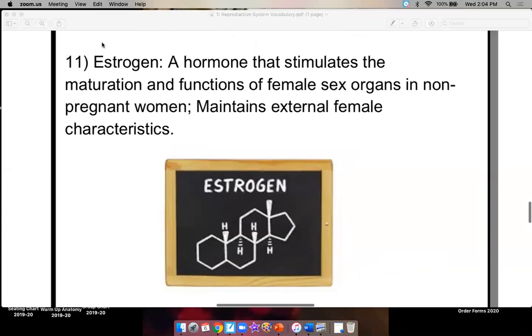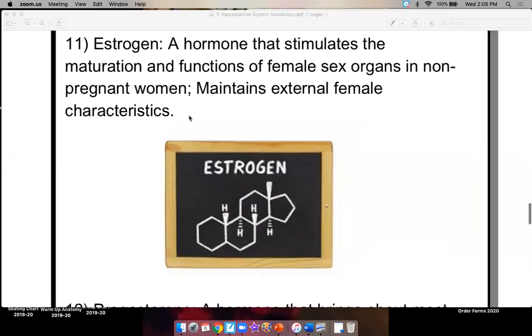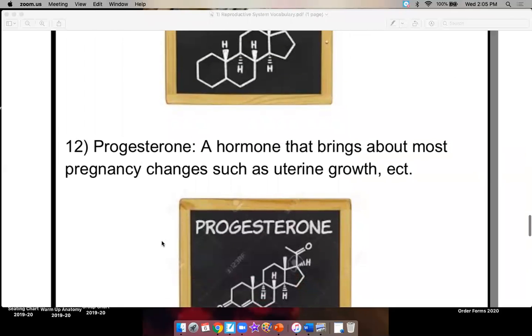Make this easier: estrogen helps you get pregnant by making your egg. Progesterone helps you be pregnant by keeping that fertilized egg fresh and alive, keeping the uterine lining fresh and keeping everything nice and safe and helping the baby grow. Well, helping your uterus be a safe place for the baby to grow.